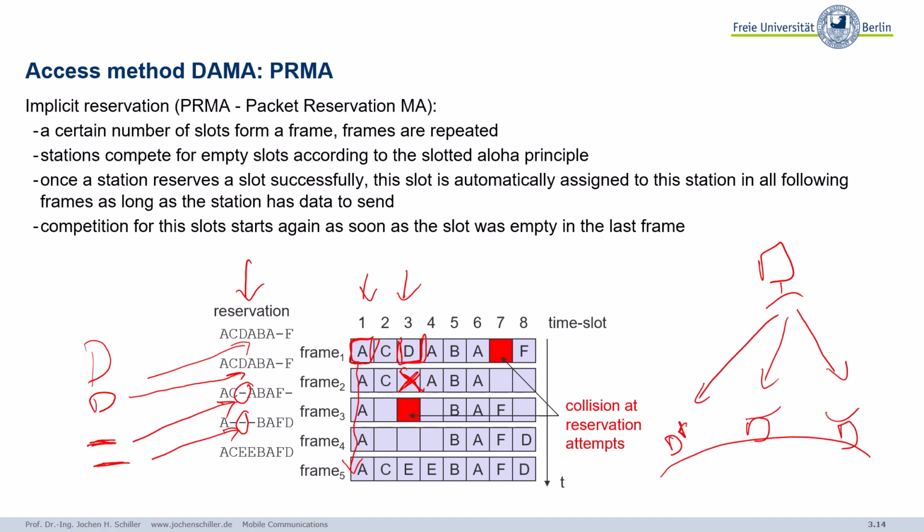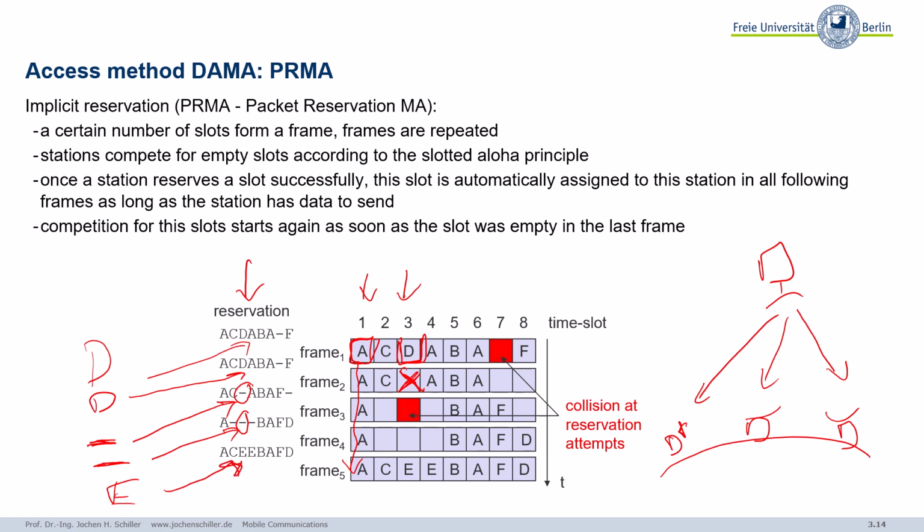And again, all the ground stations who want to transmit compete now again, maybe with some kind of statistical distribution, some random process here. In this example, let's assume only E wants to send something. Maybe the others took another time slot. Now, how does the satellite signal that E was successful? All the stations now see, look at time slot 3.